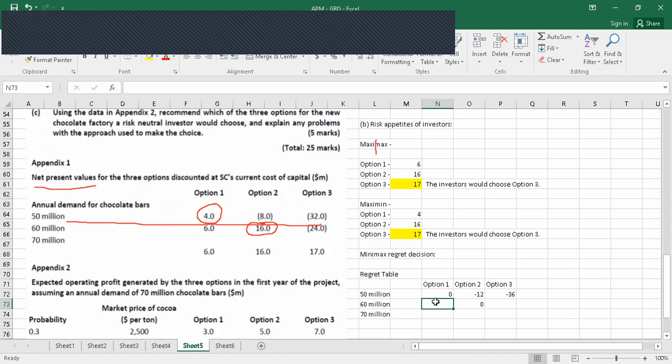But let's say they have chosen option 1 and demand happens to be 60 million. They will be able to earn an NPV of 6, where they had an opportunity to earn 16 by choosing option 2. Now they have foregone 10. 10 is their opportunity cost. So here the opportunity cost is 10 for them.